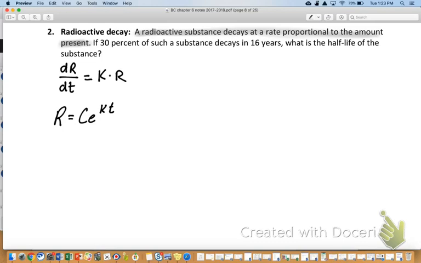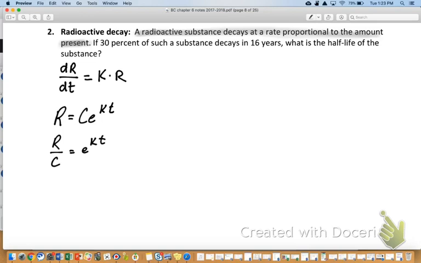It says if 30% of such a substance decays in 16 years, we don't know what C and K are. So if 30% decayed, what percent is there? 70, okay. But we have no idea what the C is, and we really don't know what the R is. We only know the relationship. So here's how I would look at this. I would say that R divided by C equals E to the KT. And if 30% has decayed and 70% remains, wouldn't R over C be 70%?